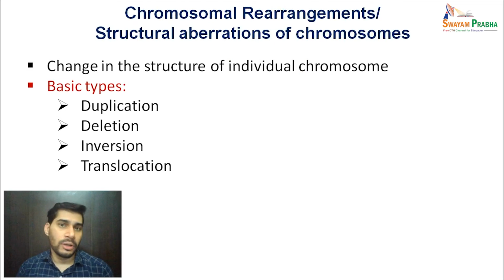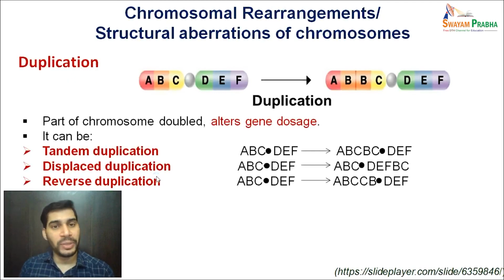Let us talk about the chromosomal rearrangements first, which are nothing but the structural changes in the chromosomes. There are four basic types, which are duplication, deletion, inversion, and translocation of the chromosome. Let us quickly have a look with a simple representation.